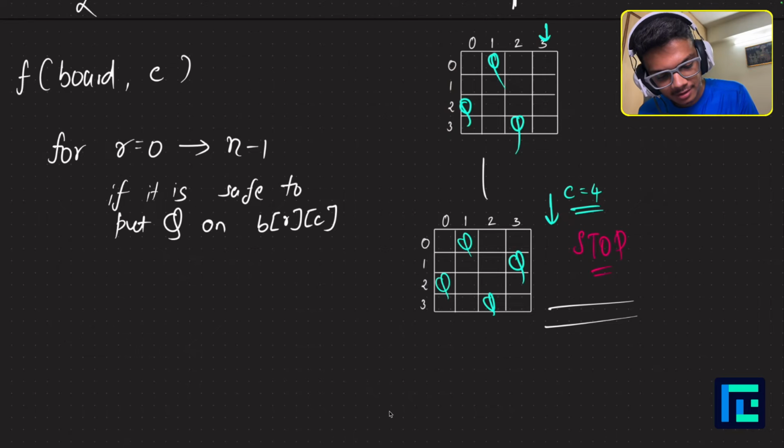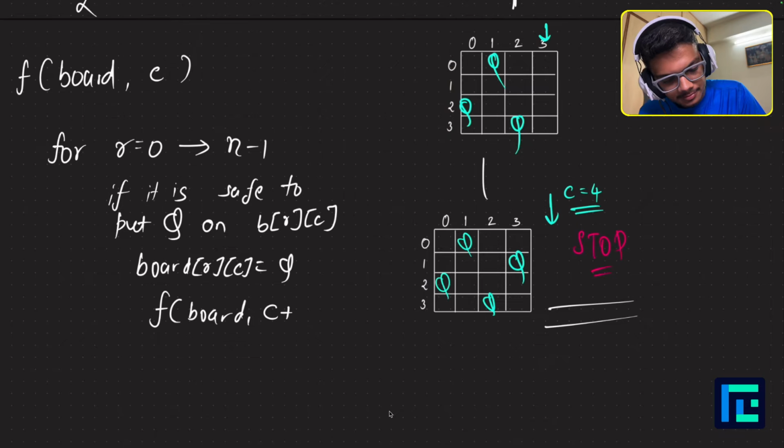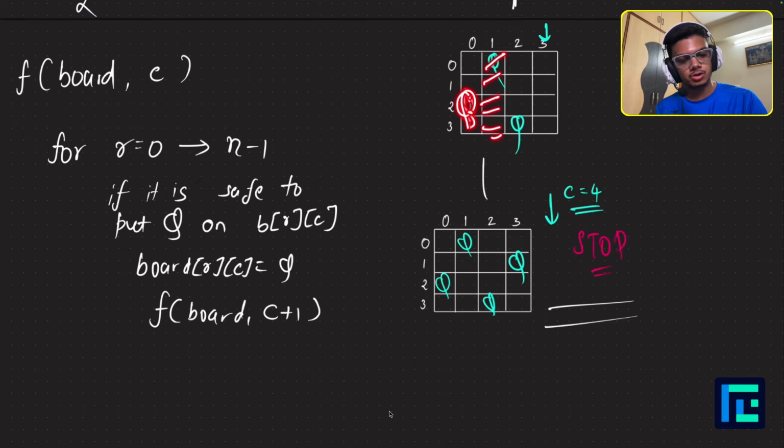So if it is safe, you can put a queen on board RC like this, right? And then you can consider moving ahead, C plus 1. So what it says is try to place a queen in every possible position in the 0th column. Once you placed it, register that this queen is placed, and then go and find out all the possible ways of putting queen on the first column, so on and so forth.